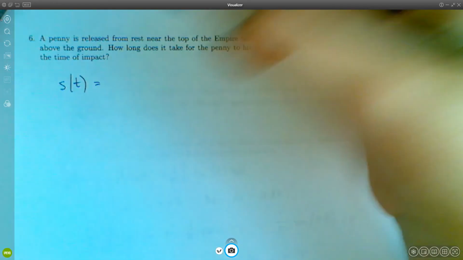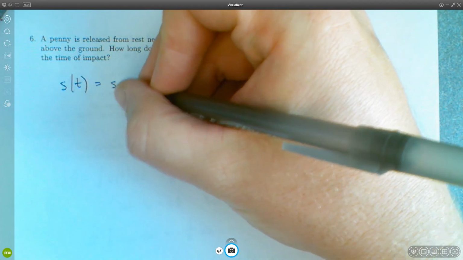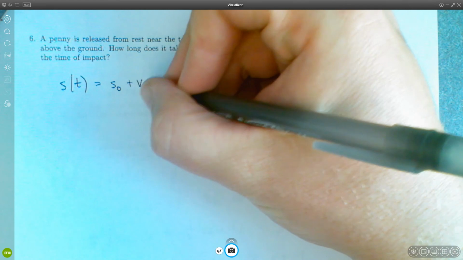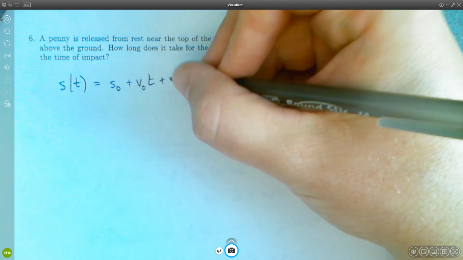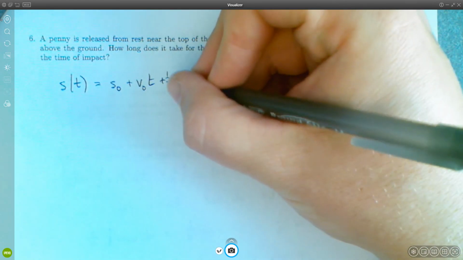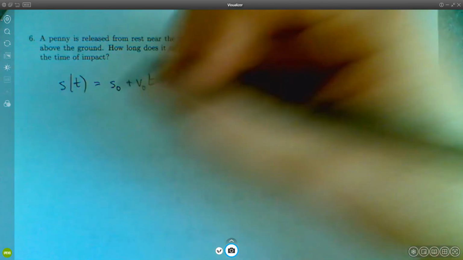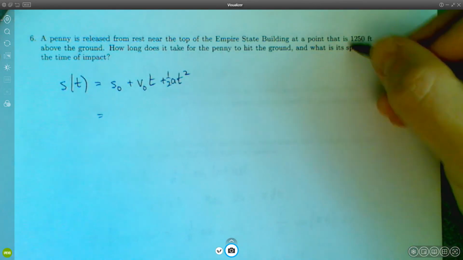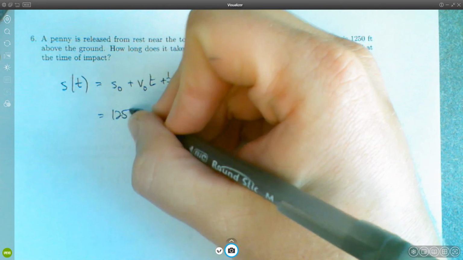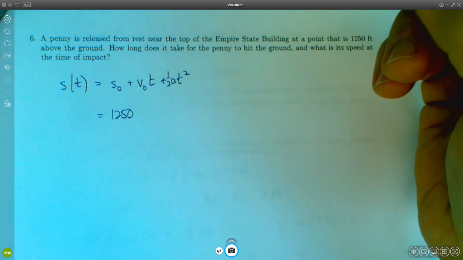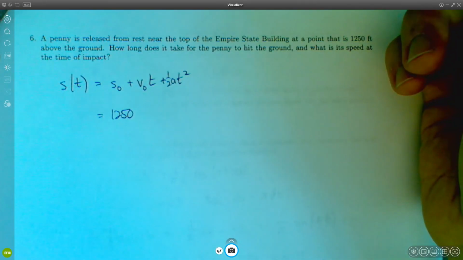So anyway, the position function is initial position plus initial velocity times time plus 1/2 times acceleration times time squared. Its initial position is 1,250 feet. Its initial velocity is 0, right, because it's just being dropped.